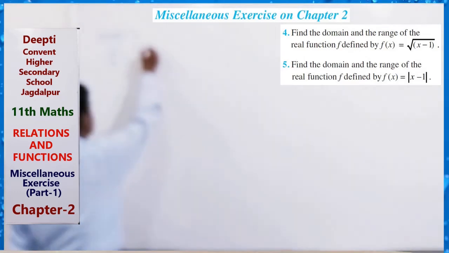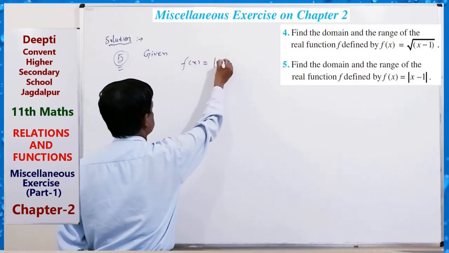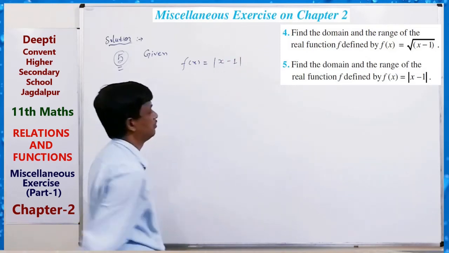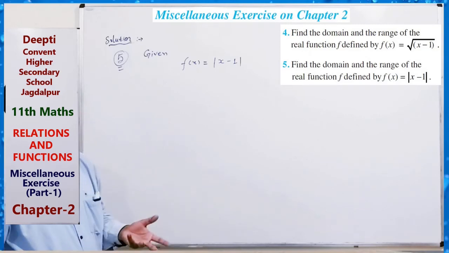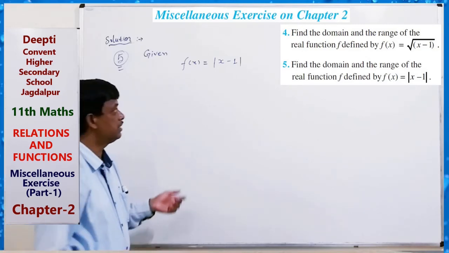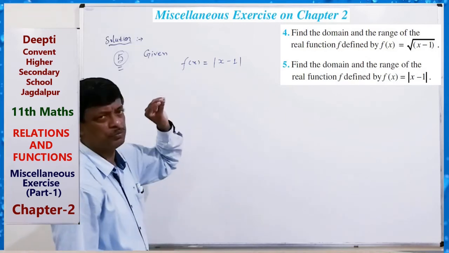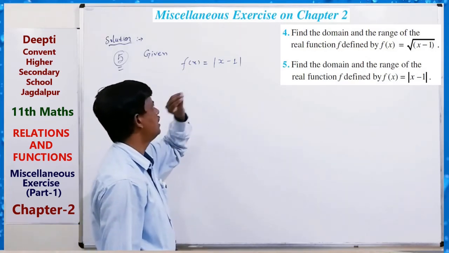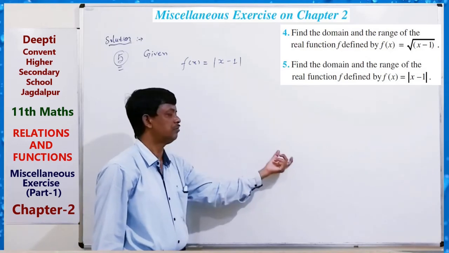Here the given real function is mod x minus 1. We have to find domain and range. Clear? We know that if we give any real number to x here, then we can get some value.